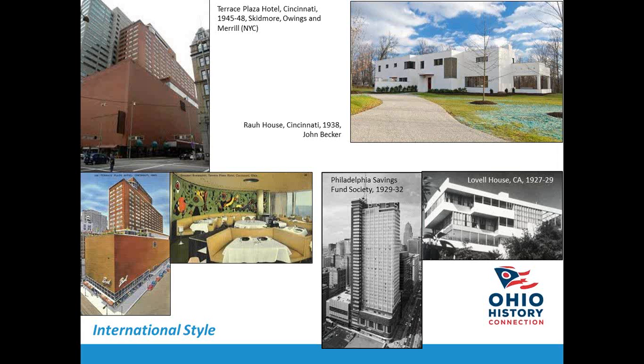Its curators were Henry Russell Hitchcock and Philip Johnson. And in it, the buildings that were on display, which included the two buildings in the right-hand corner, the PSFS Building and the Lovell House by Richard Neutra, helped to define the international style.